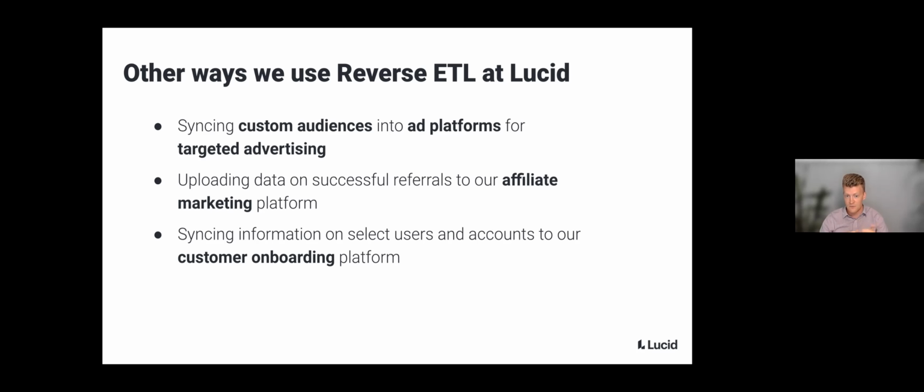We also send information on users and accounts to our customer onboarding platform. That's closer to the marketing platform example, where it's this long process of working with our stakeholders to say, well, which users ought to go into the onboarding platform, and what information should go in there, and how should we reflect it.